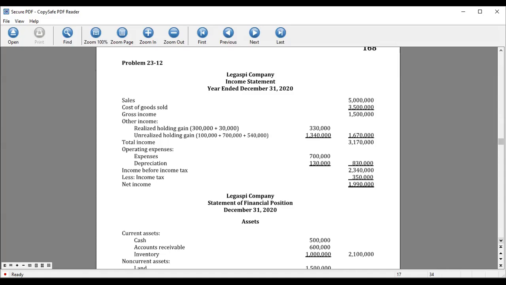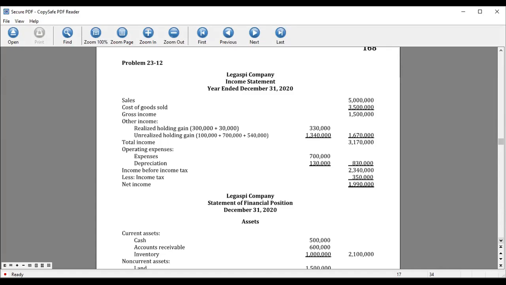Current cost information on December 31, 2020: cost of goods sold at average current cost is 3.5 million, but you are given 3.2 million in the conventional income statement, while at average current cost it is 3.5 million.